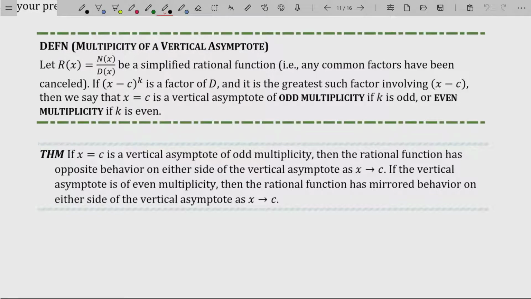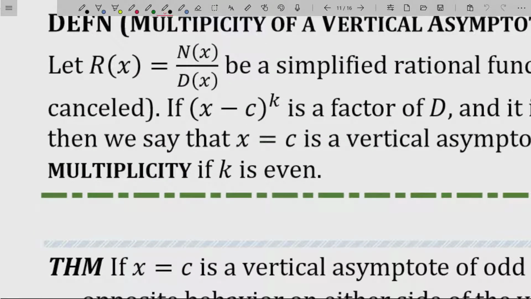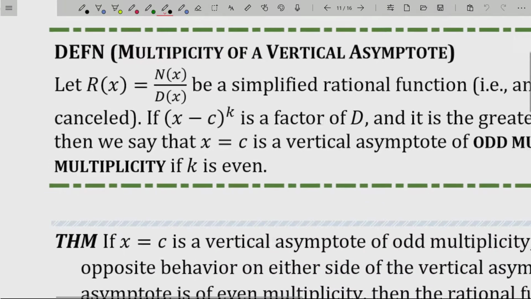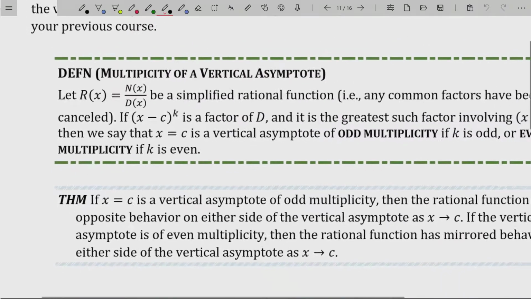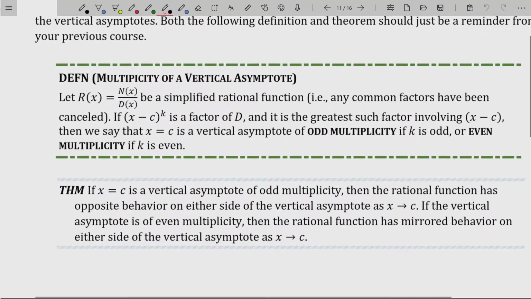So if you have a rational function, r of x, equal to some ratio of polynomials, a numerator of x and a denominator, which is also a function of x, and you let that be a simplified rational function, i.e. there are no common factors between the numerator and the denominator, then if x minus c to the k is a factor of the denominator, and it is the greatest such factor involving x minus c, that is, there's no other, so let's say x minus c to the 10th is a factor of that denominator.